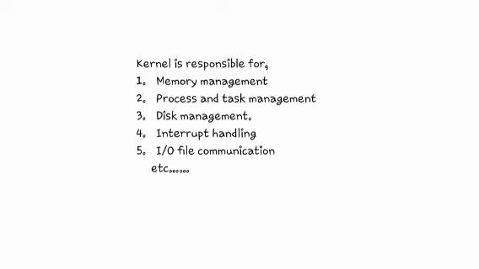The next is process and task management. In this, it processes resource requests by processes, made either by sending messages or by making calls that are known as system calls.